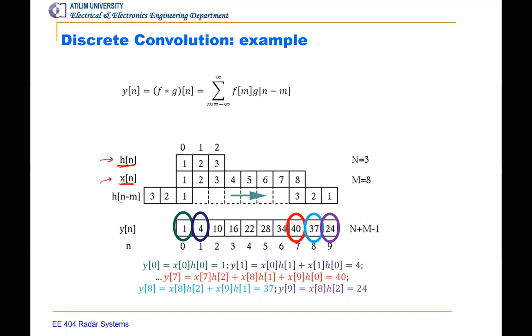So we just take the mirror image of h, h(n minus m), which is just the reverse of this, as you see, and then sweep this, three values of the sequence, to the right, one by one.